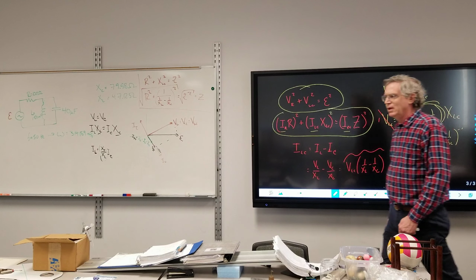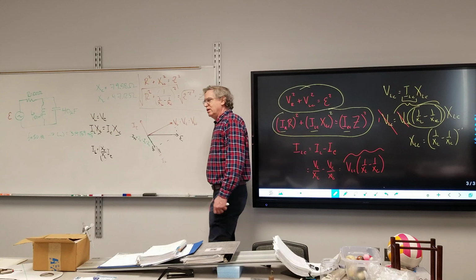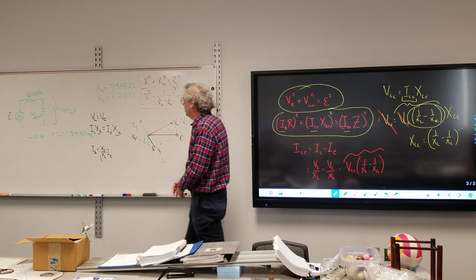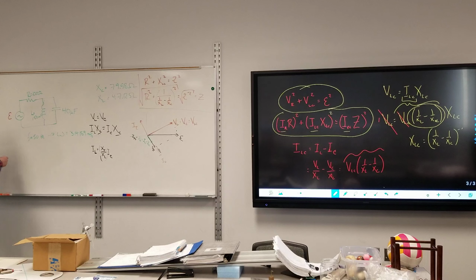So we would just plug and shove to solve for Z now, because we have one value. Yeah, so now, I have 100 squared. So Z equals the square root of 100 plus 1 over X sub L, which is 47.12, minus 1 over 79.5, squared.